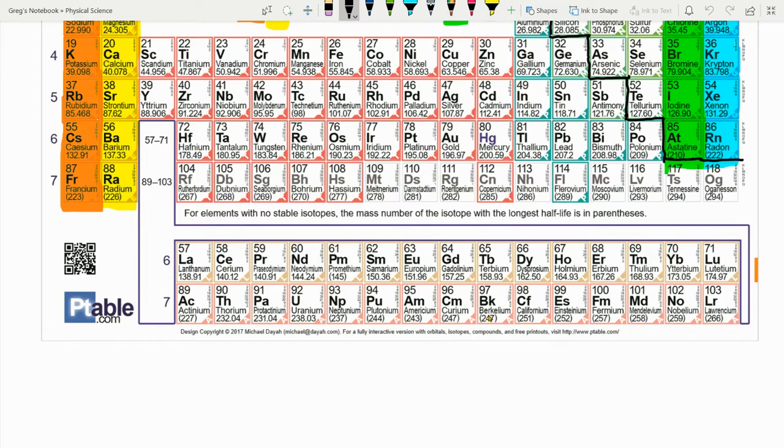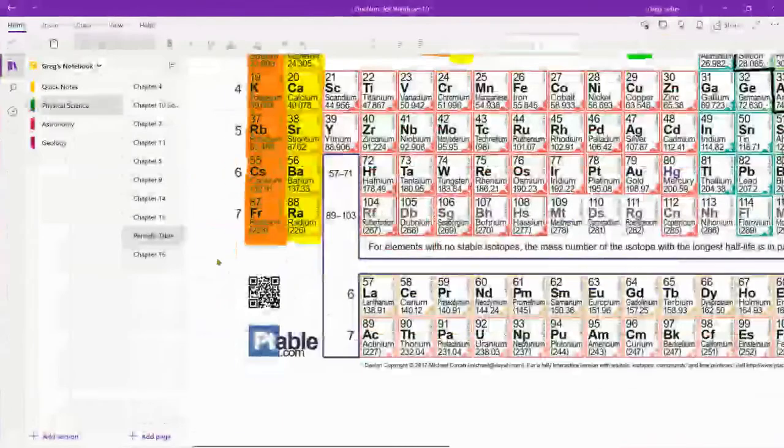Americium, Berkelium, Berkeley, California, Californium. So they name them after people, and they name these after places they've been discovered. The only reason that this is down here is so it fits on a sheet of notebook paper. That's why these have been pulled out and set down here, but they're part of it just like the others.